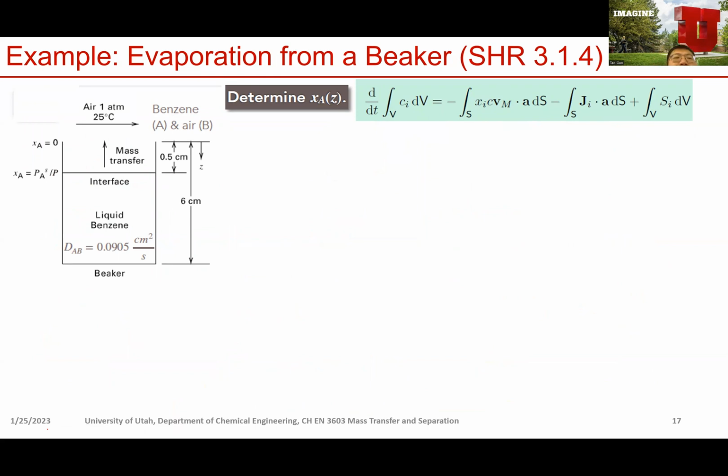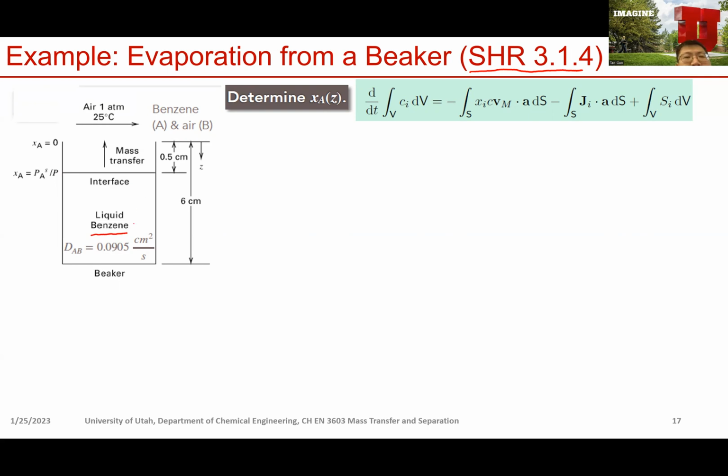Now we can go to the second problem, which is evaporation from a beaker. So this problem is also from your textbook, so you can go back and read your textbook to know more about this problem. Okay. So basically the setup of this problem is that we have a beaker which contains pure liquid benzene.